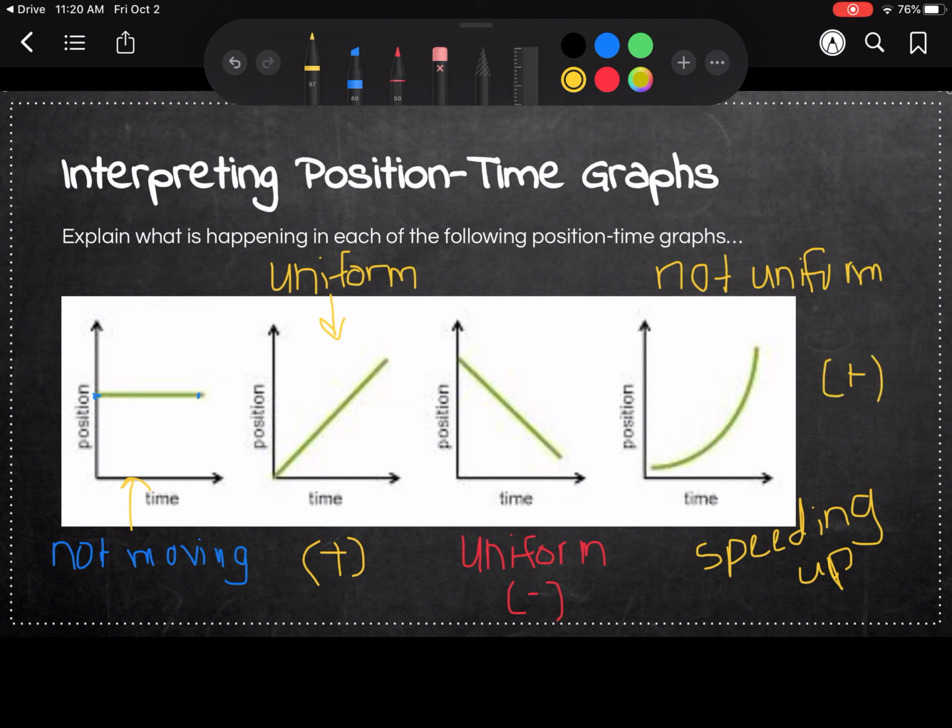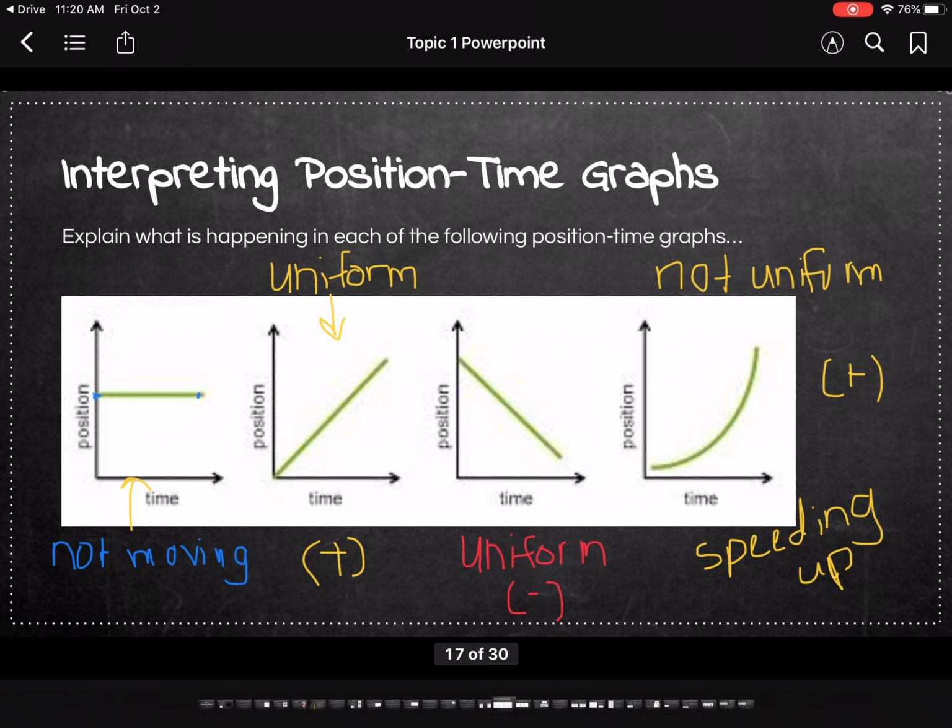Okay. So this is something that you need to know. You need to know how to look at these graphs and decide what's going on. So a straight line across on a position time graph means that you're not moving. A line upwards straight is uniform in the positive direction.